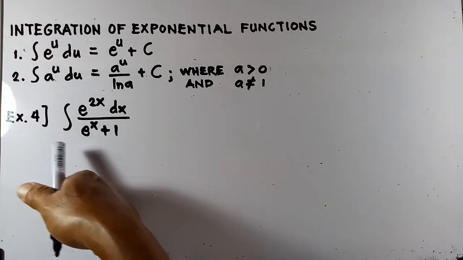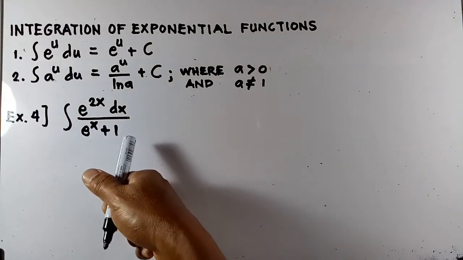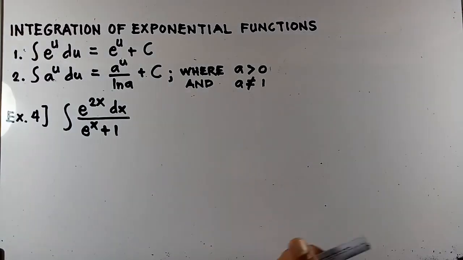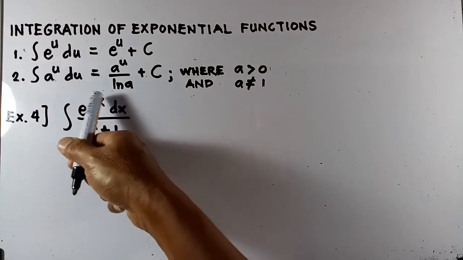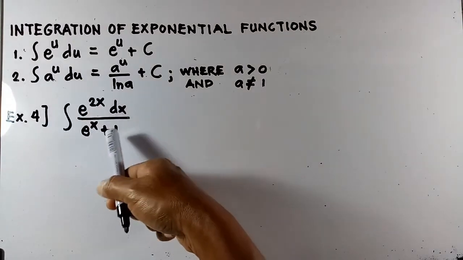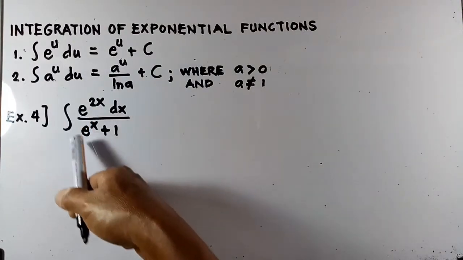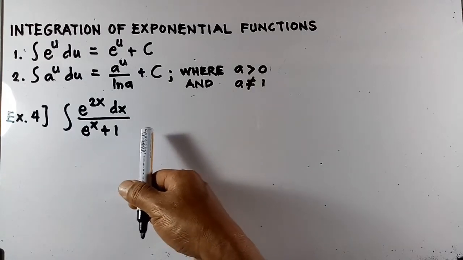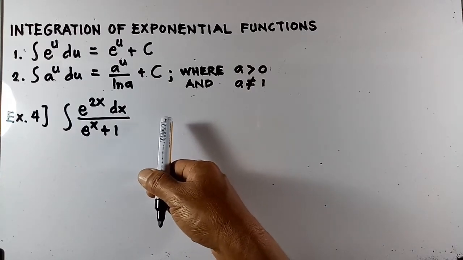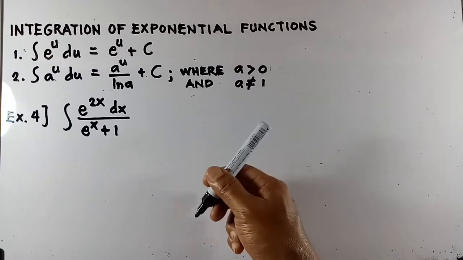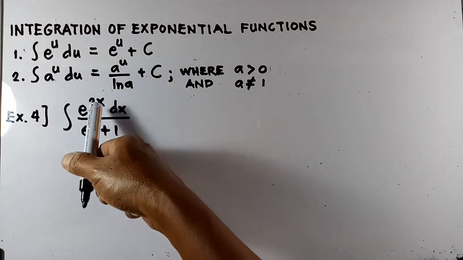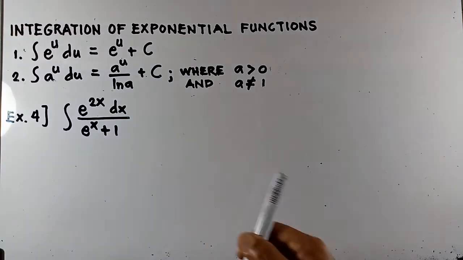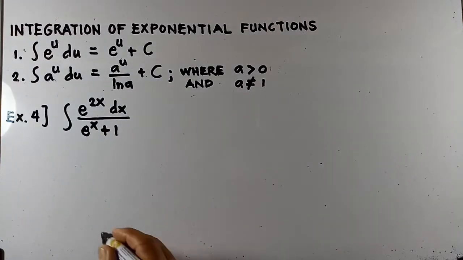Example number 4 tayo. Integral of e raised to 2x dx divided by e raised to x plus 1. So, yung ating integrand ay improper fraction. At ang integral ng improper fraction equal siya sa integral ng quotient plus the remainder. Kaya ang gagawin natin, i-divide muna natin yung e raised to 2x sa e raised to x plus 1.